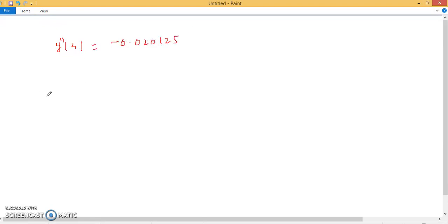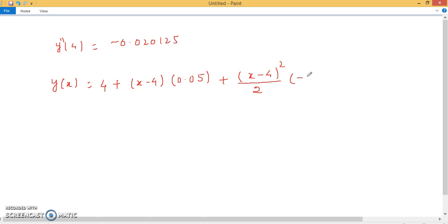So the series becomes y of x is equal to y of 4, which is 4 only, plus x minus 4 into 0.05, since 1 by 20 is 0.05, plus x minus 4 whole square by 2 factorial, that is 2, and the y double dash value is minus 0.020125.